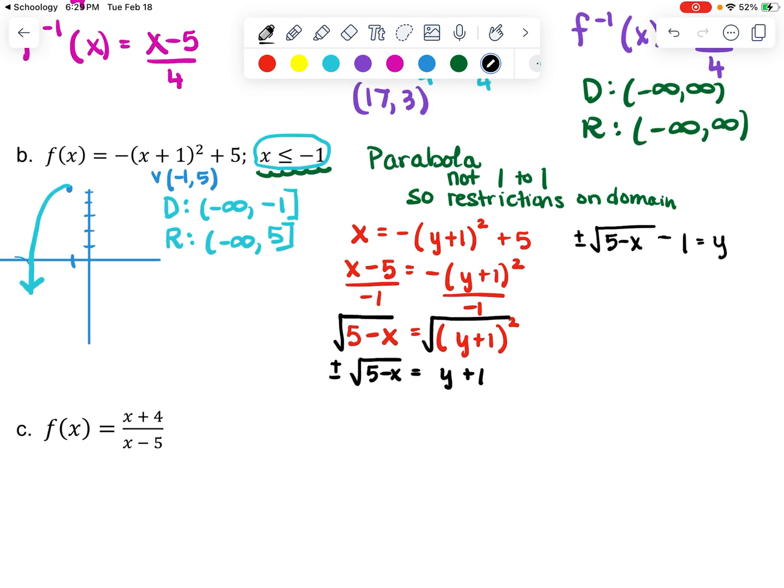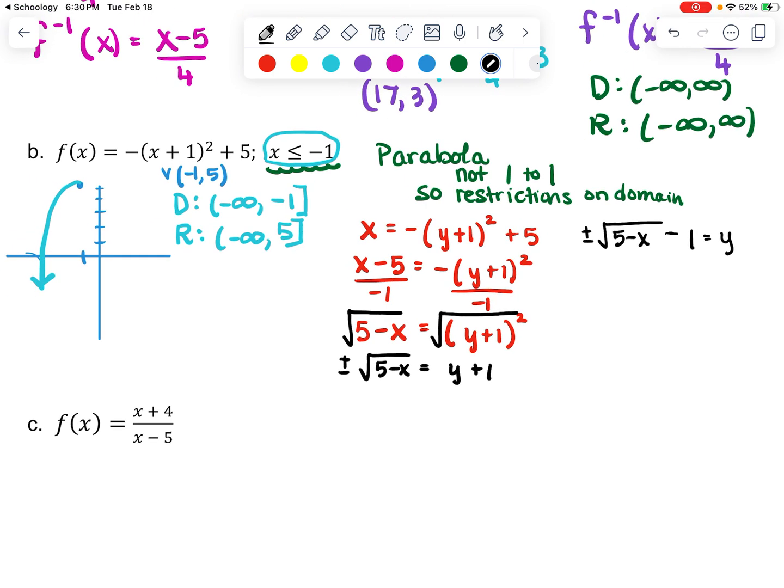Now what I need to recognize is that I've got positive and negative, and I've got to figure out which side I want. Well, the easiest thing to do is to plug in a point. This next point would be (negative 2, 4).